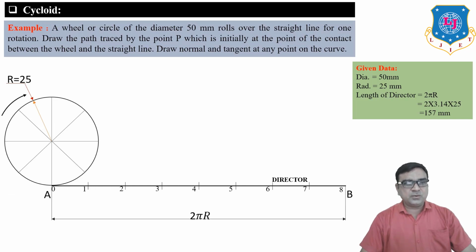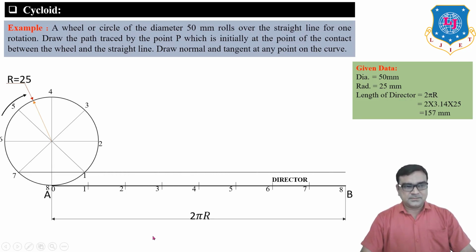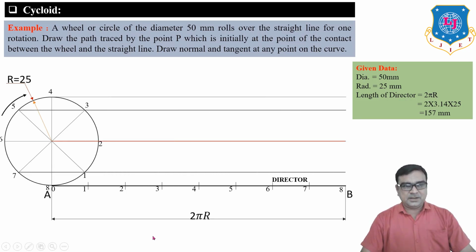Now we want to roll the circle in the clockwise direction. The numbers on the periphery of the circle will be anti-clockwise: 1, 2, 3, 4, 5, 6, 7 and 8. Now we have to draw a horizontal line from each point on the periphery of the circle.